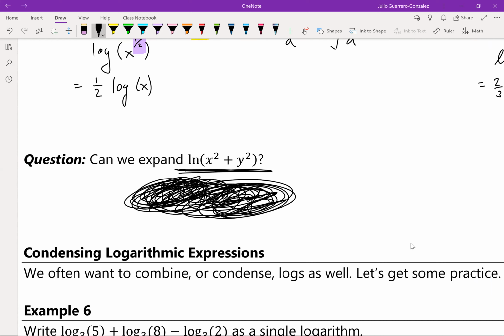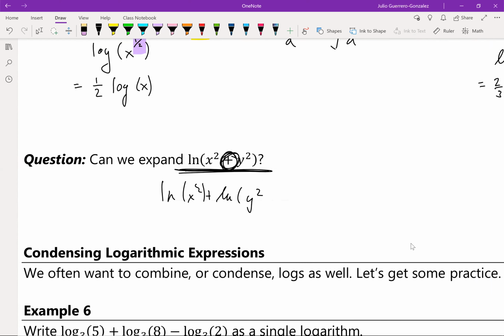There's no rule. So see how this addition is in between here, right? There's nothing that allows you to split anything with a logarithm if there's an addition between two things inside. Does that make sense? So you can't do this. You cannot do this.